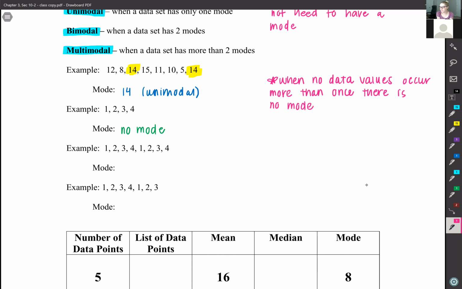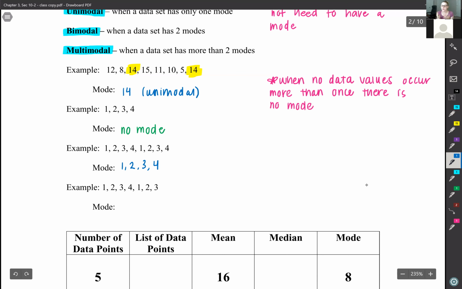So let's talk about the next example. Our next example is 1, 2, 3, 4, 1, 2, 3, 4. This is a good distinction from the last one, where they all occurred once, so there was no mode. But for this one, they all occur twice, so every single one is the mode. Our mode is going to be 1, 2, 3, 4.